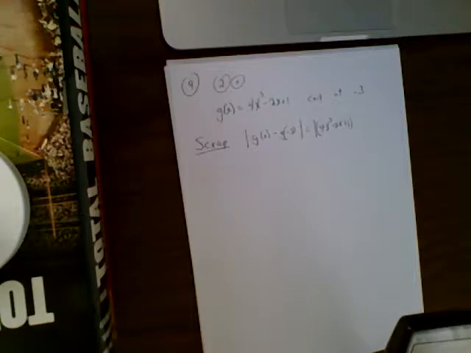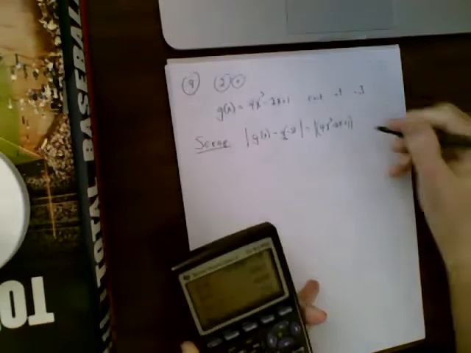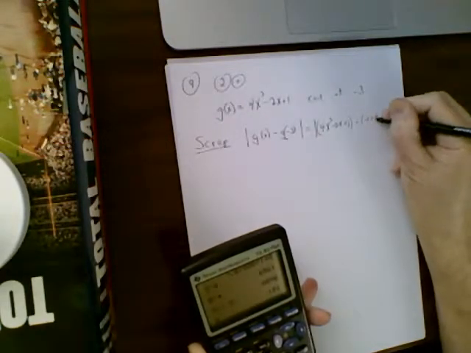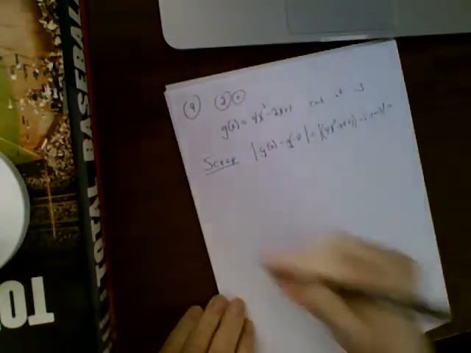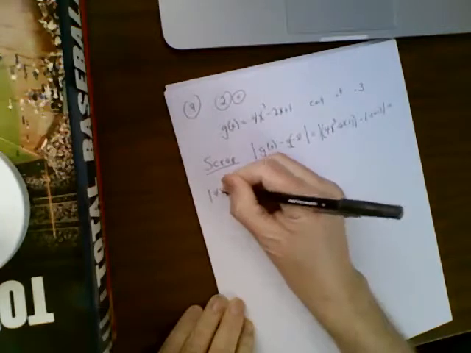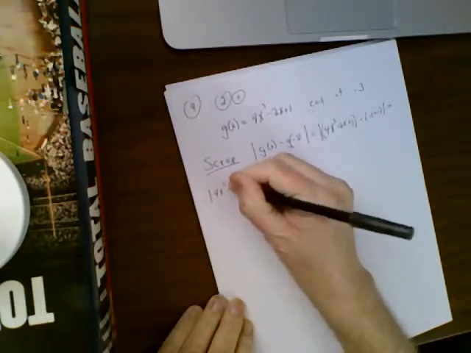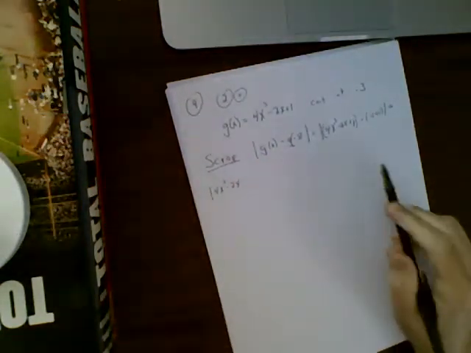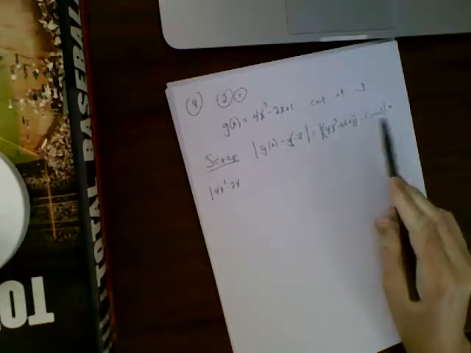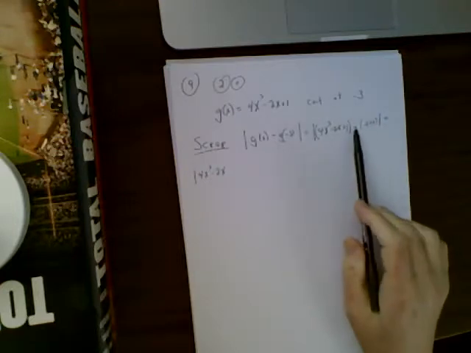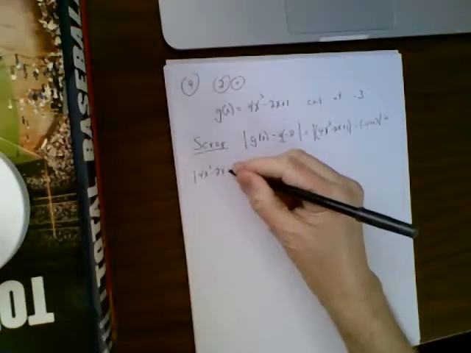What we're plugging into it is negative 3. So I'm going to plug negative 3 into the function, and the calculator gives me an answer of negative 101. So this is now the absolute value of 4x cubed minus 2x, and this is a plus 1 minus 101, which is the same as adding 101. So this is plus 102.